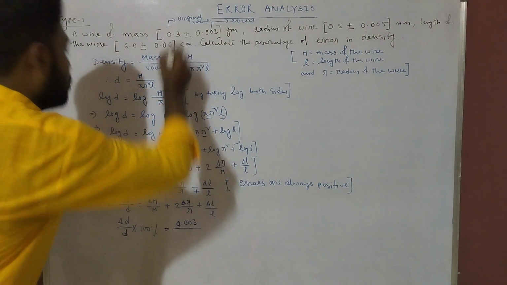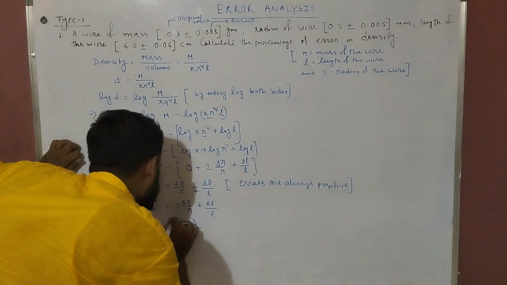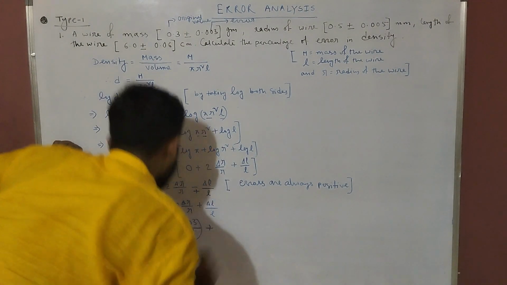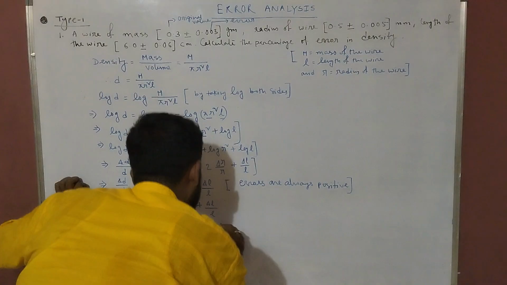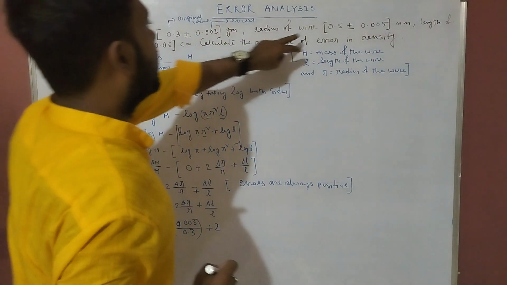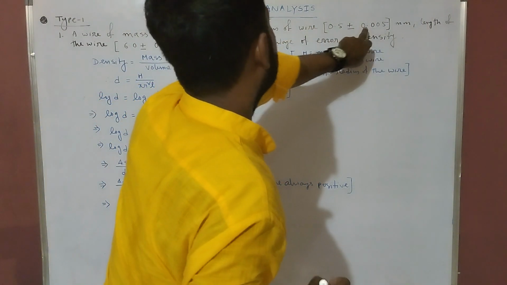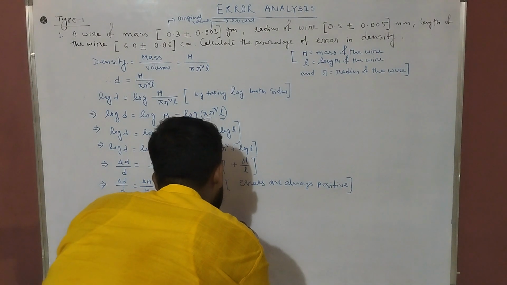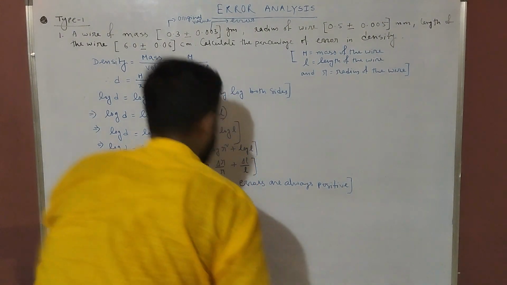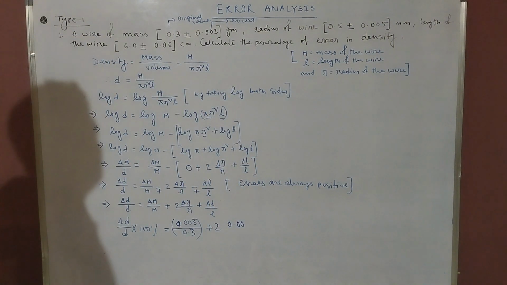M means 0.3. So 0.003 by 0.3 plus 2 into del r, what? Del r 0.005.